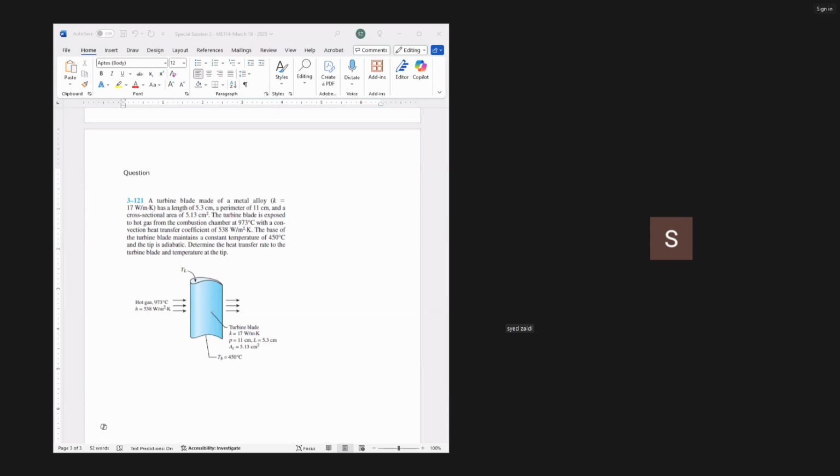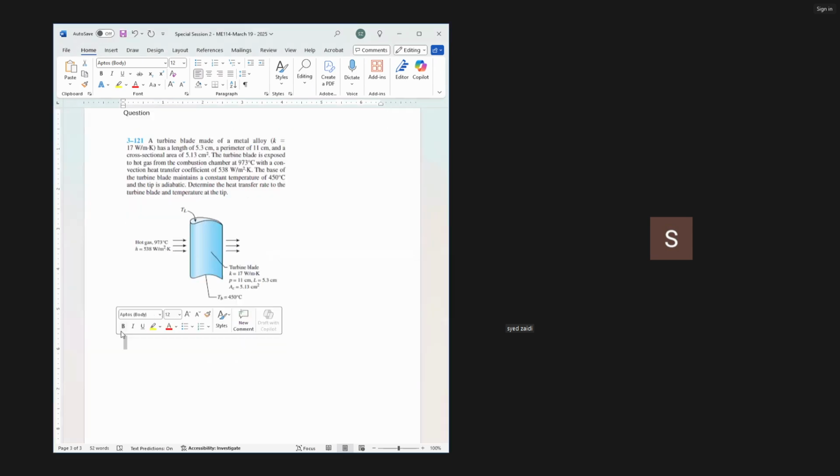So I believe that you can treat this blade, first of all, because the tip is so small, it is very normal to treat the turbine blade as a fin.